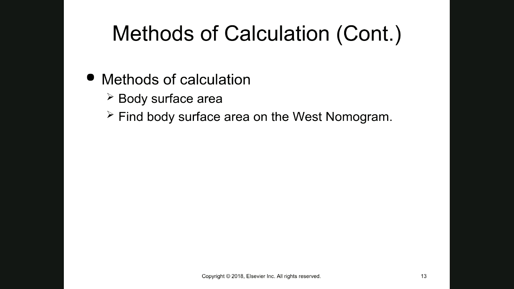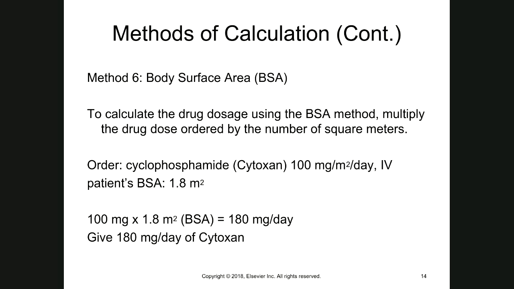The most precise way to determine this is to use the square root method for the calculation. So if you'll look at this, you have the calculated drug dose, multiply the drug ordered by the number of square meters. And here's an example here.